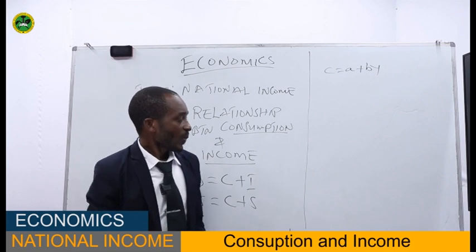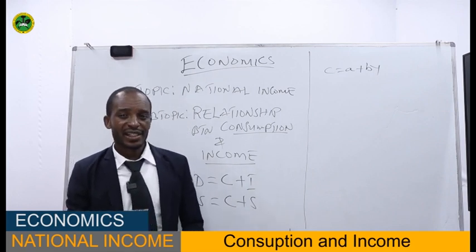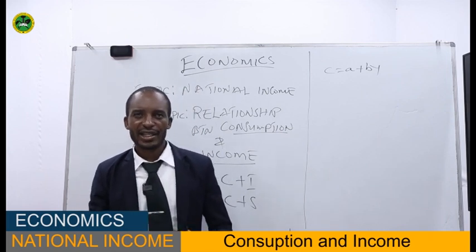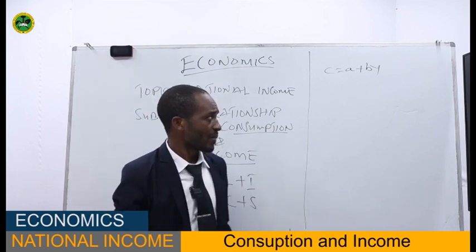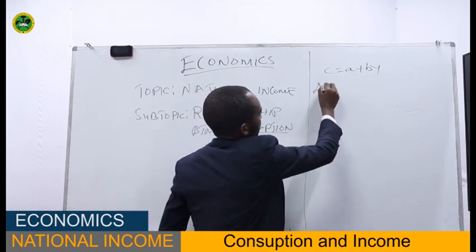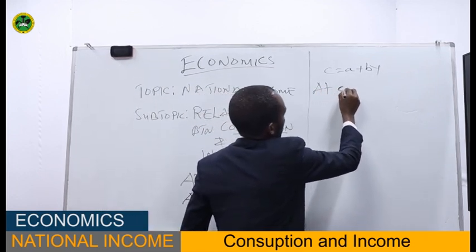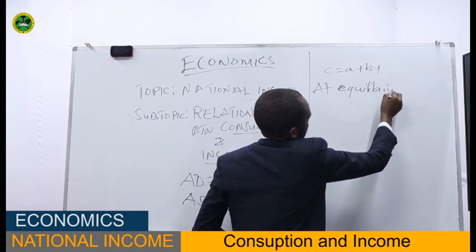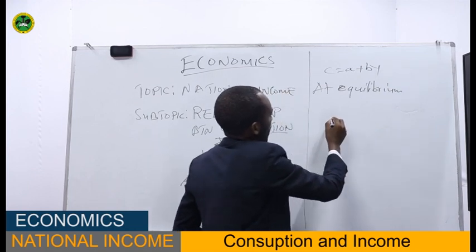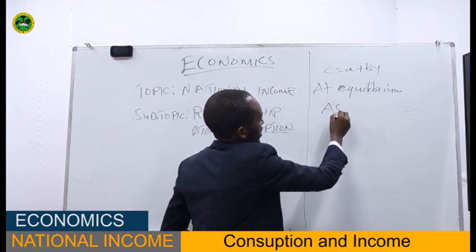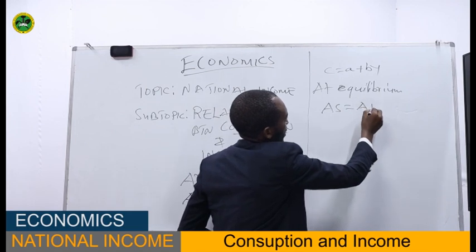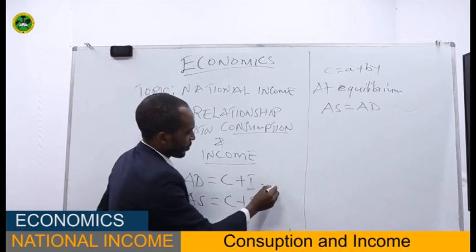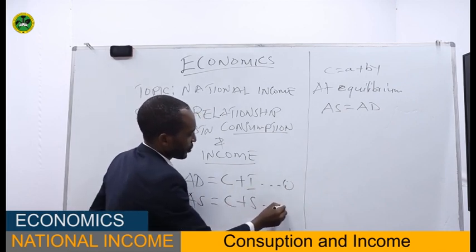Now, we know that according to Keynesian, at the equilibrium level of income, the aggregate demand is equal to the aggregate supply. So you equate the two equations.